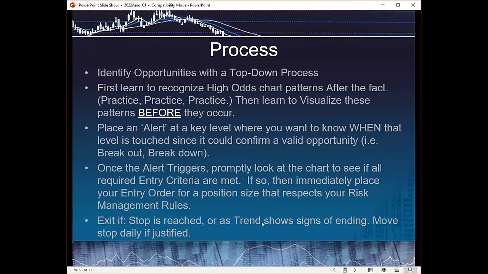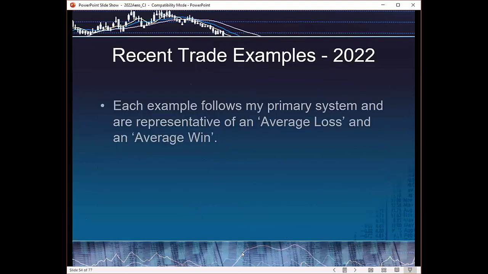Or if it's not hit and the trend shows sign of continuing for a while, if it's moved enough, I'll move my stop. I don't move my stop more than once a day. And then when the trend shows sign of ending, I'm out, okay? So I'm just capturing the move, the momentum. That's the prey I'm seeking.